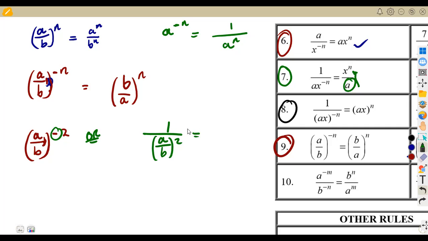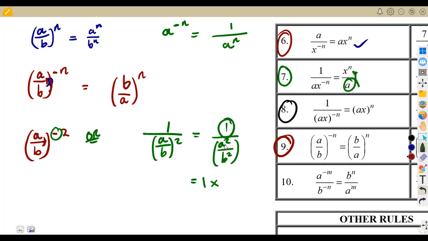So at the end, we are going to have 1 over a to the exponent of 2, which is a squared over b squared. And in this case, we are dividing. It's 1 divided by 2. So remember, our concept is that whenever you are dividing like this, you introduce a multiplication.